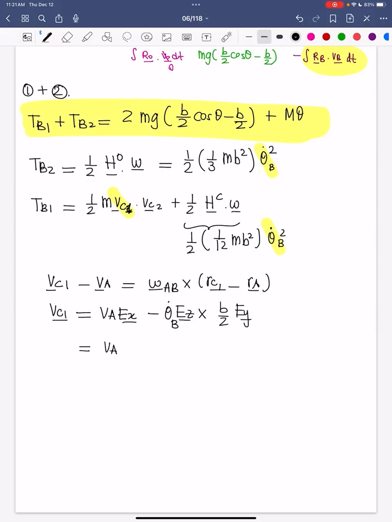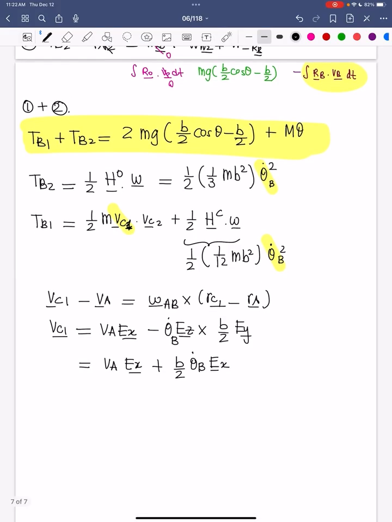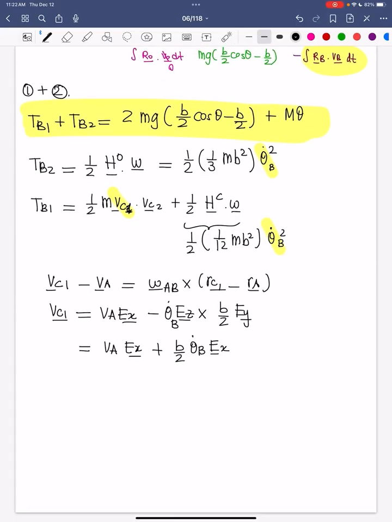So VA EX plus B over 2 theta dot B EX. Okay, so now I have this unknown VA. VC1 is VA plus B over 2 theta dot B EX.